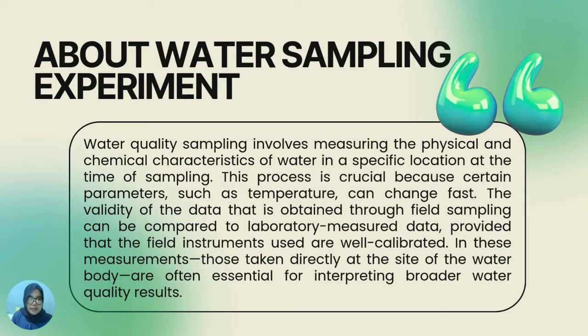So, water sampling experiment is where we take a sample from a certain place and put it in a laboratory to measure the parameters such as temperature, pH, turbidity, and all. So this time, we want to talk about how the water sampling experiment can be assessed and what is the risk of these experiments.